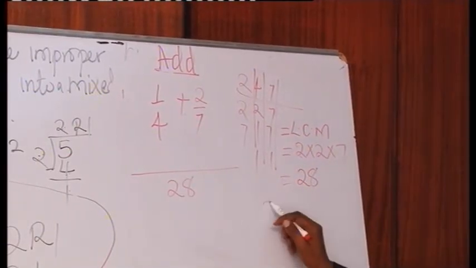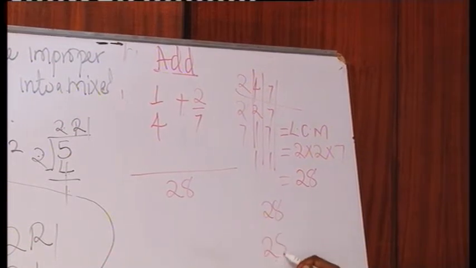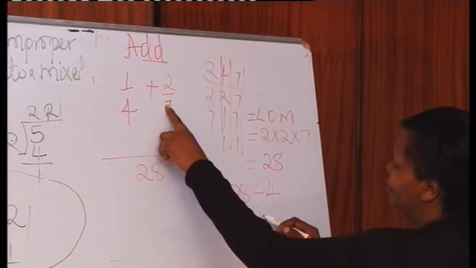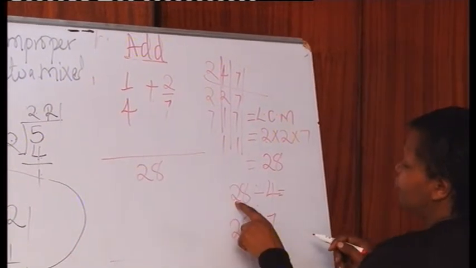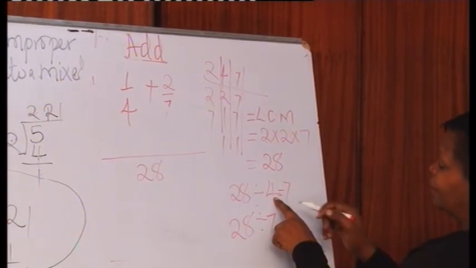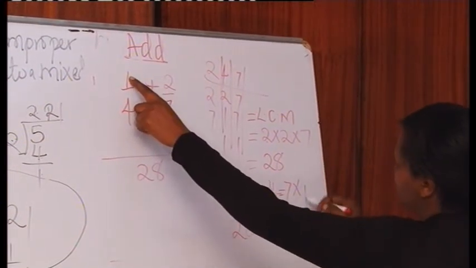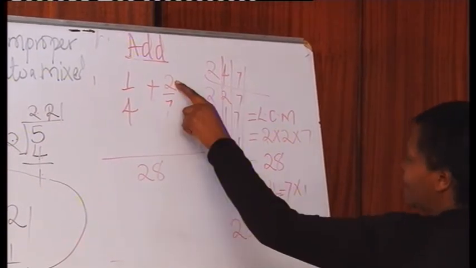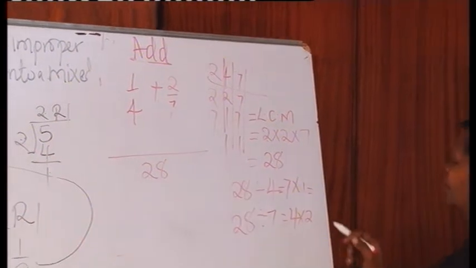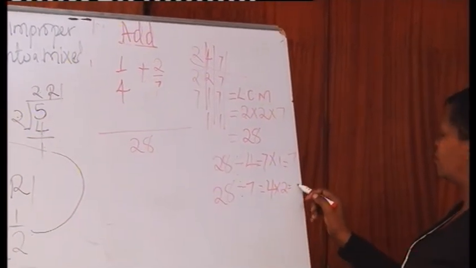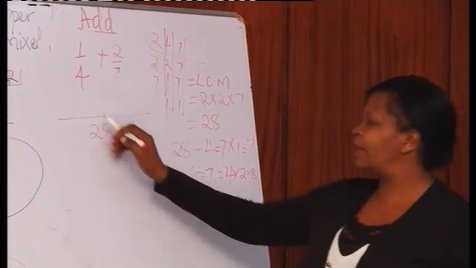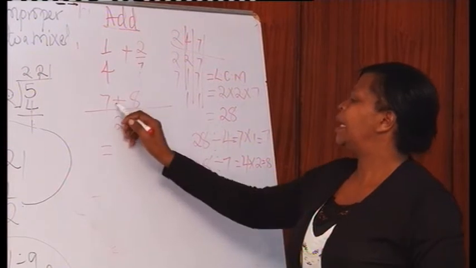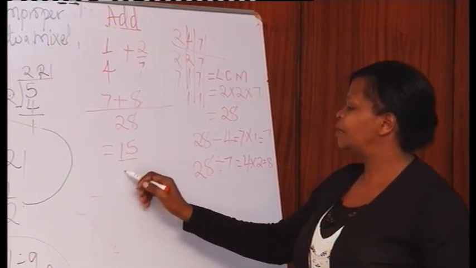Then I get my 28 here, my 28 there, then divide by 4 and divide by 7. 28 divided by 4 is 7, then times 1. Then 28 divided by 7 is 4, then multiply by 2. Then the answers that I'll get will be 7, and here will be 8. Then these two numbers, I come and write them, 7 plus 8, and the answer will be 15 over 28.